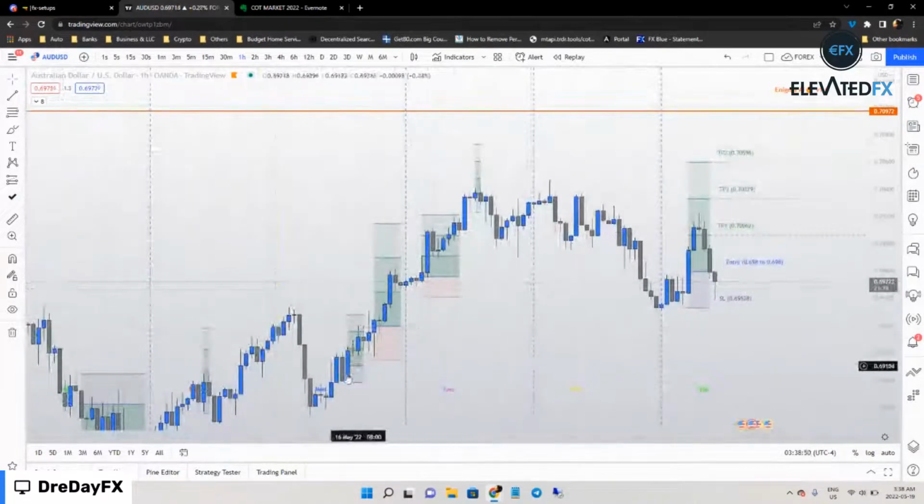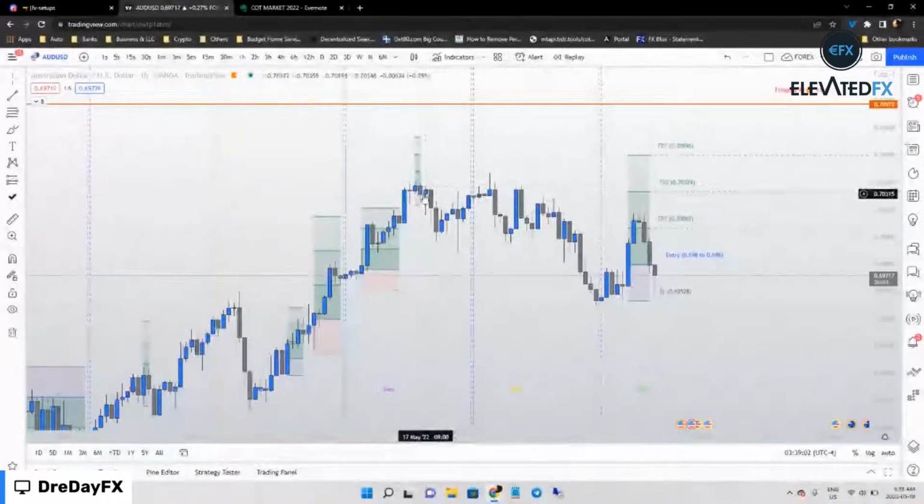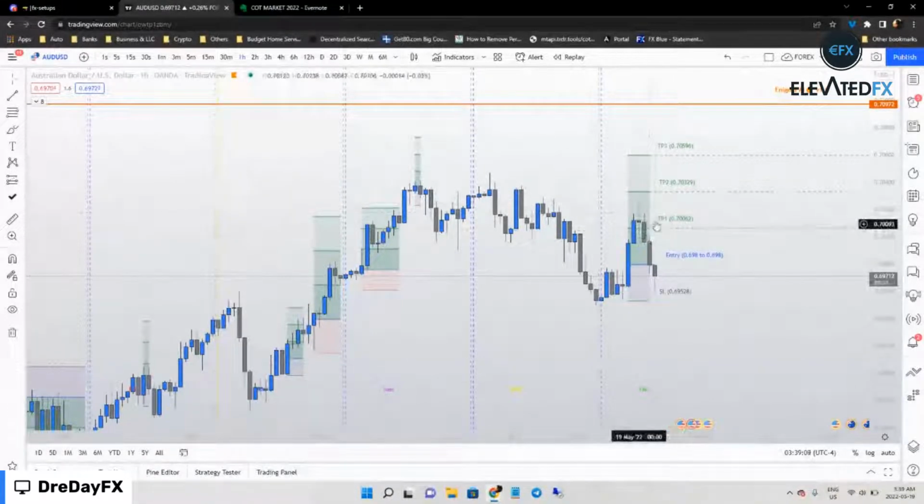So overall, in 1, 2, 3, 4, 5 setups, you had 3 setups that went to TP3, 1 that hit your stop loss, and another one that hit your TP1.